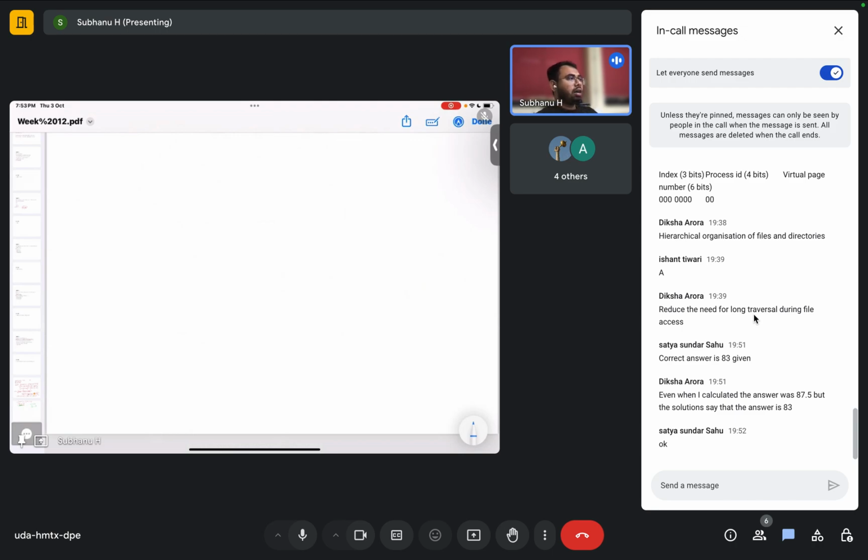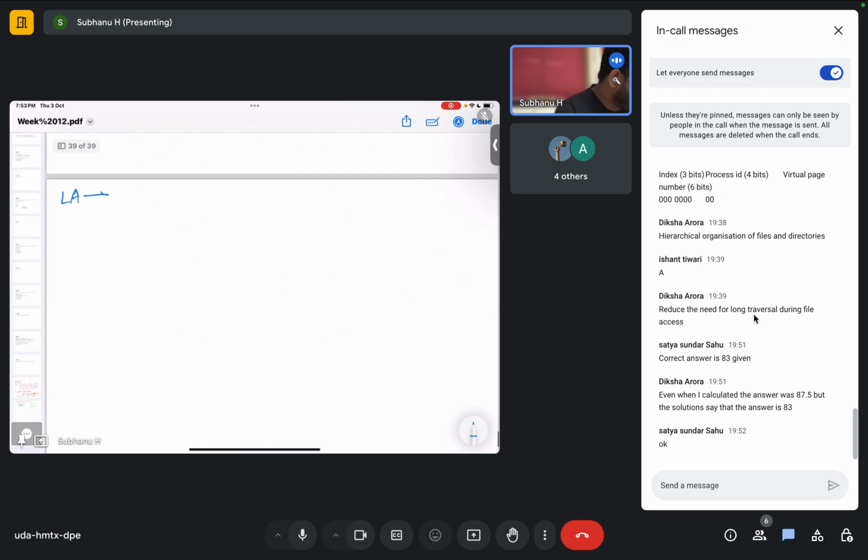The logical address is given as 1100, then 0001, then 101. So I am solving the question Diksha has posted in the chat box. I think I have written it correctly: 11000001101.